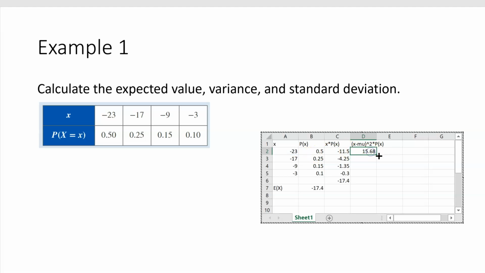Then you drag that down and find the sum, and that is our variance. Our standard deviation is then equal to the square root of this number, and so it would be 6.86.